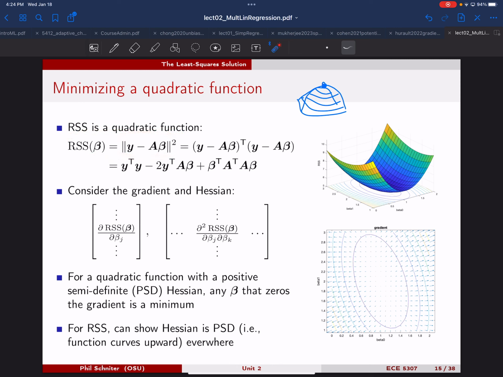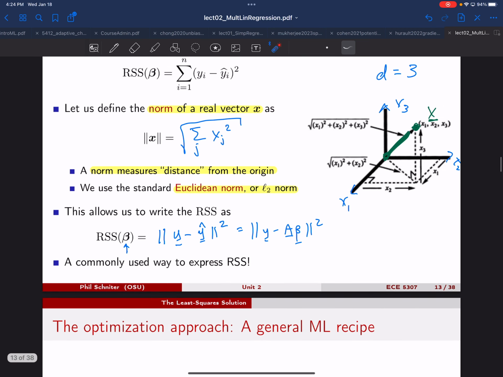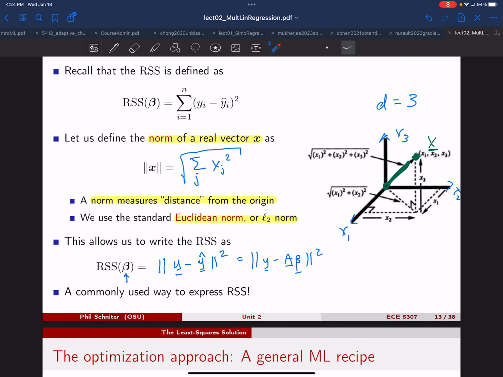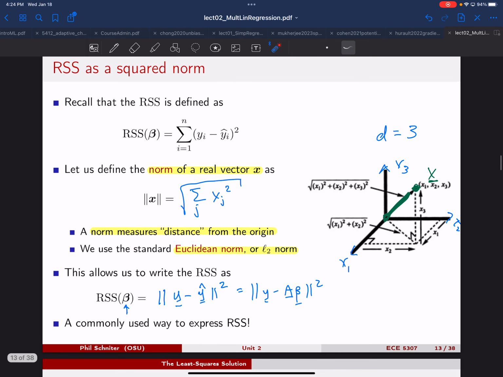So one important thing about the Euclidean norm, let me write it on this page. If I have the Euclidean norm of x squared, do you see how I can write it as x transpose x?